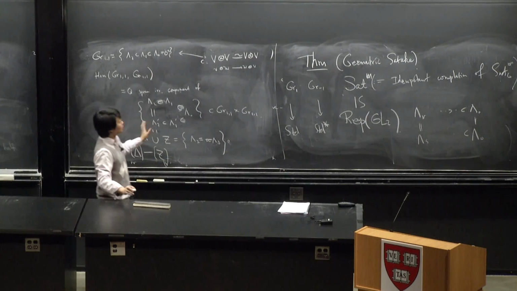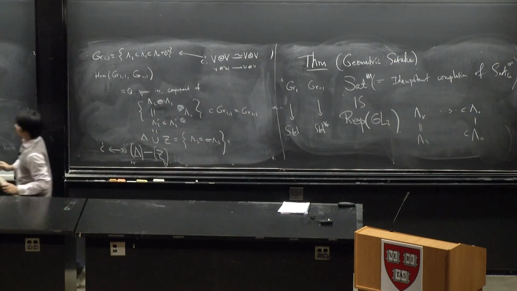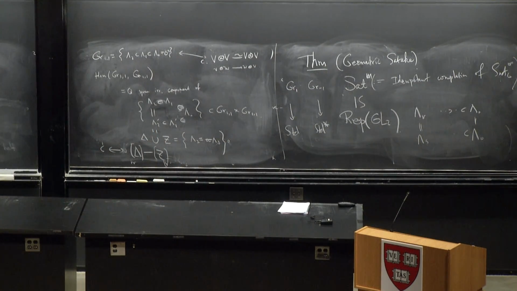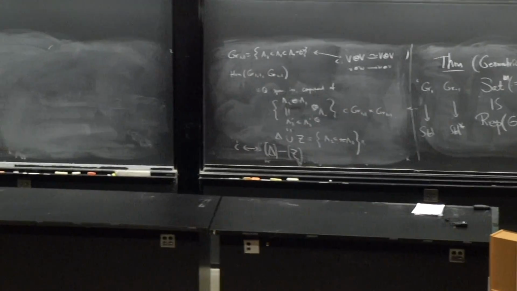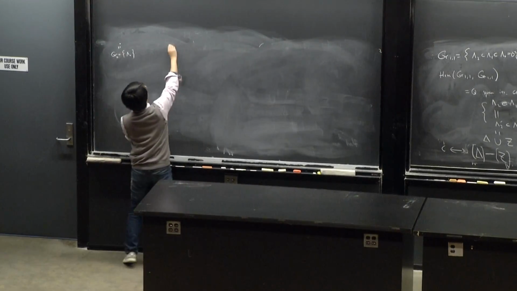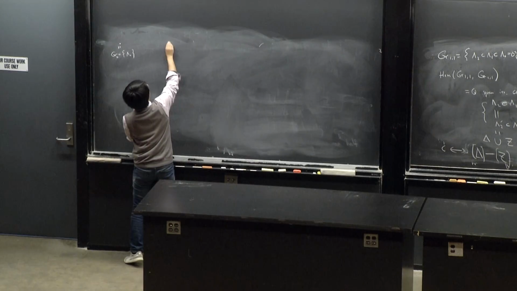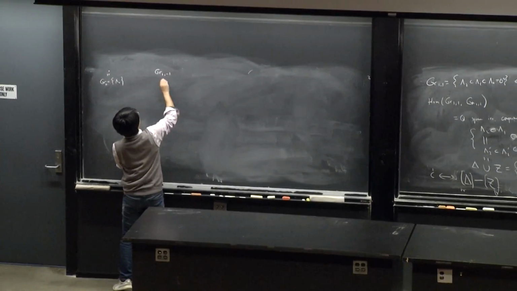Okay, so now here's the idea of how to apply this theorem. We just consider the following situation. The simplest case: I consider the point, which is G0, just the standard lattice. So I consider the Hom from this space to, let's say, G1 minus 1.